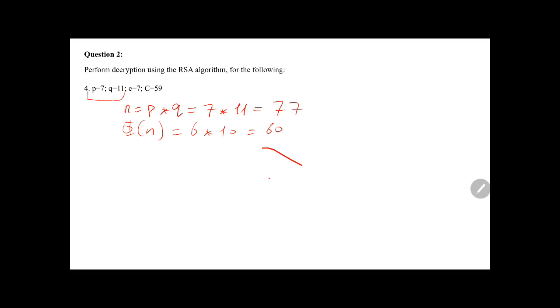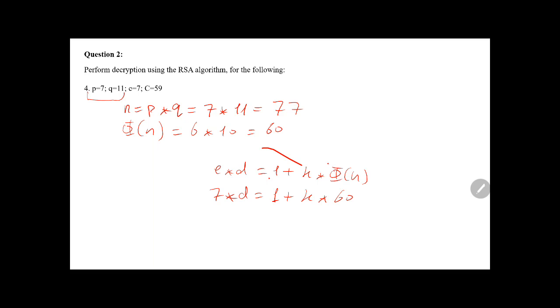And we know that the equation is E multiplied by D, which is equal to 1 plus K multiplied by Euler's quotient of n. We have E as 7, so 7 multiplied by D, which is the private key, equals 1 plus K multiplied by Euler's quotient, which is 60.